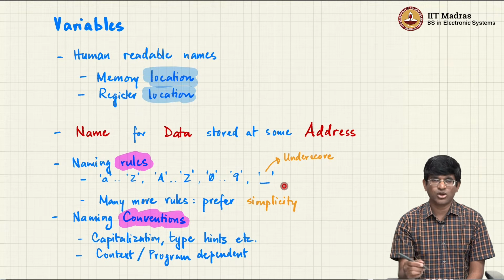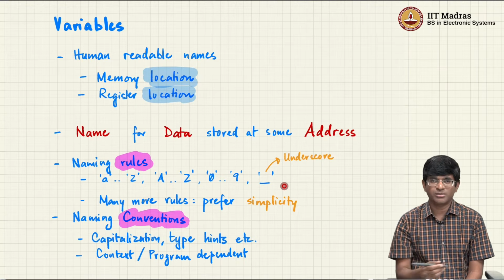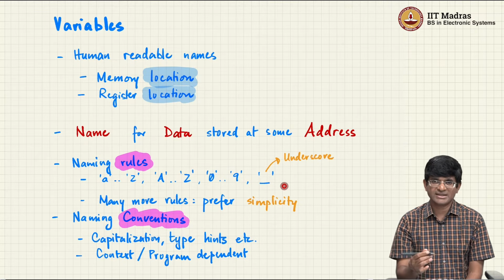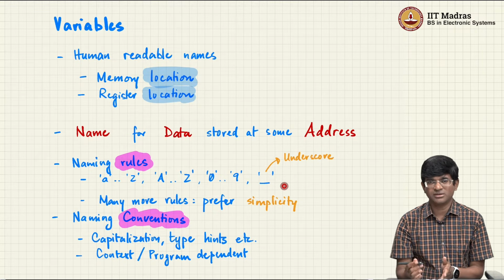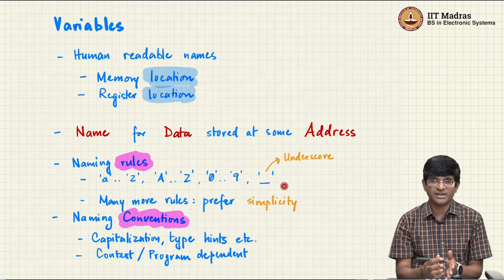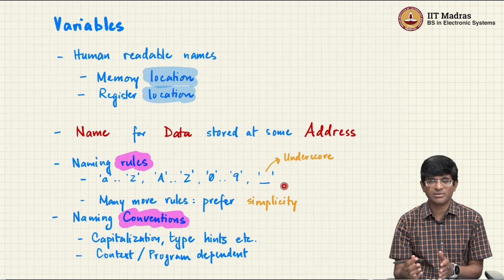In other words, if I wanted to have something which says a counter to hold a temporary value, I can't write out the name like "a counter to hold a temporary value" because that is multiple words that would be separated by spaces. And the way the C language works is the moment you have a space, it assumes it is a different token, a different variable name or a different function name or something else.